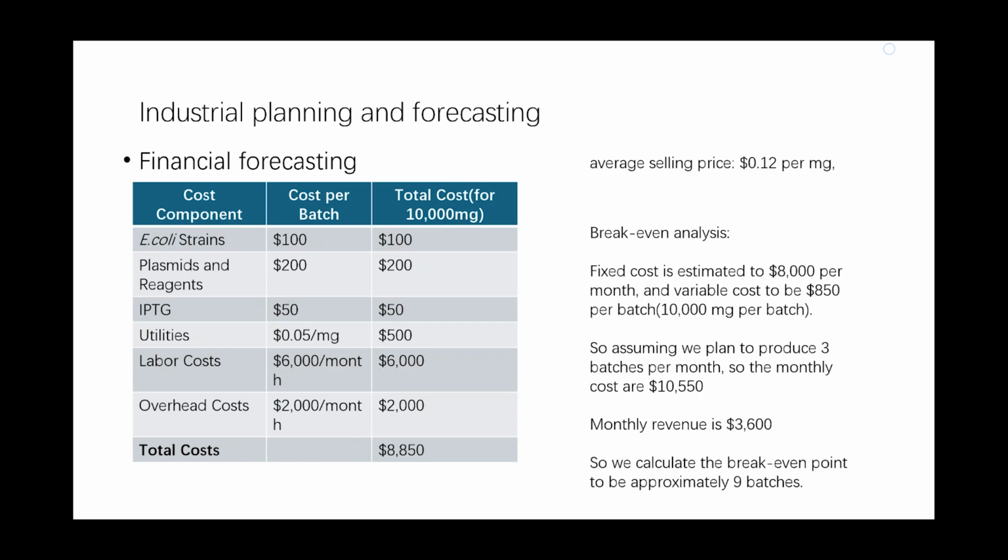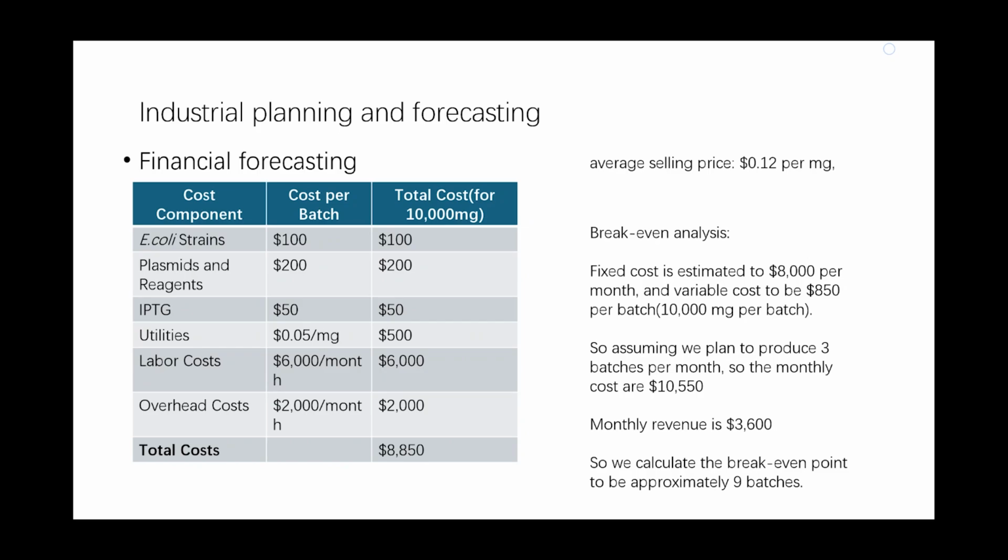So our break-even analysis will determine how many insulins we will produce per month. Using the average cost, which contains fixed cost and variable cost, we estimate the batches and list the equation to solve.